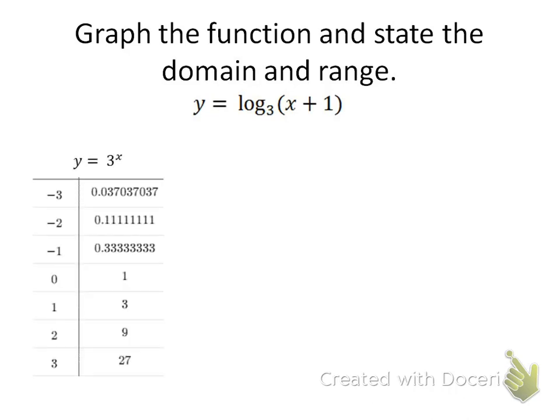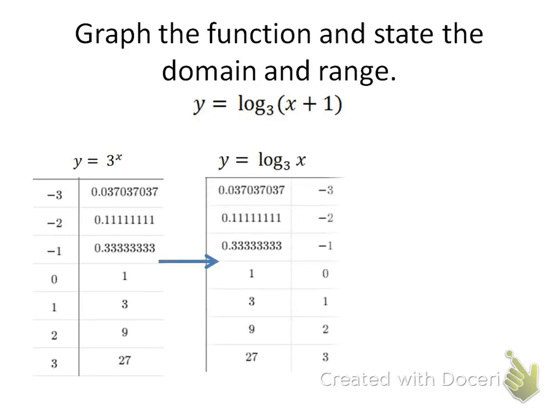So trust me that those are the inputs and outputs that we would be getting. 0.037037037 is actually 1/27th. 0.111 repeating is like a 9th. 0.33333 repeating is a 1/3. Switch the x and y coordinates.